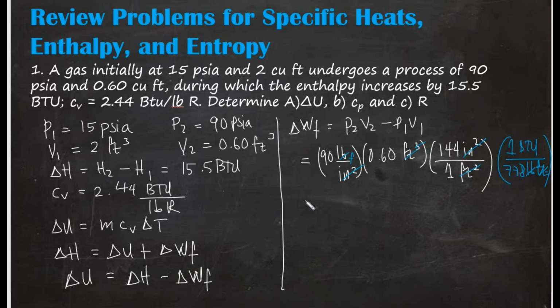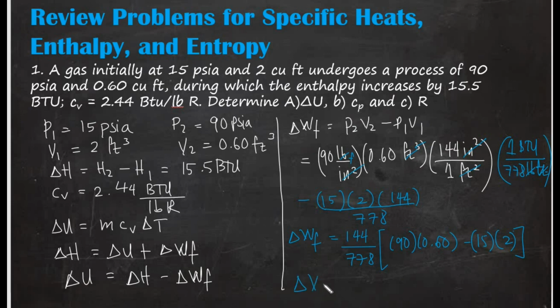Okay, so we subtract P1V1. I will not write the units anymore. 15 times 2, and then you multiply by 144 and divide by 778. Since 144 and 778 are common factors, we can factor those out: 144 over 778 times 90 times 0.6 minus 15 times 2.